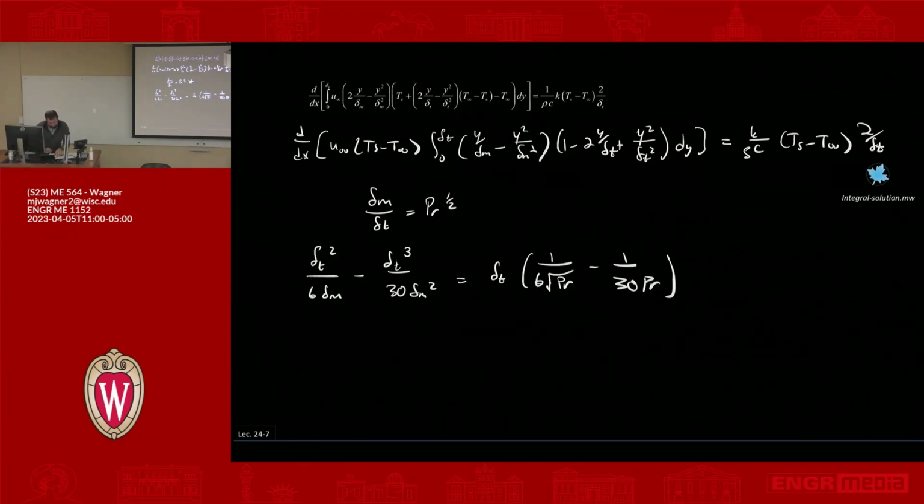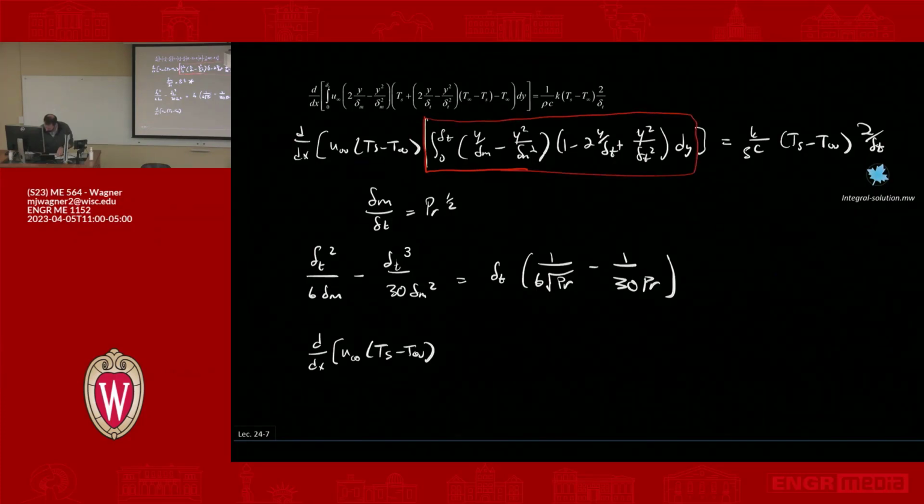So what does our ODE become? We substitute this back into the differential equation, and we get d dx of u infinity times T s minus T infinity times the integral we just evaluated, which was just this integral right here.